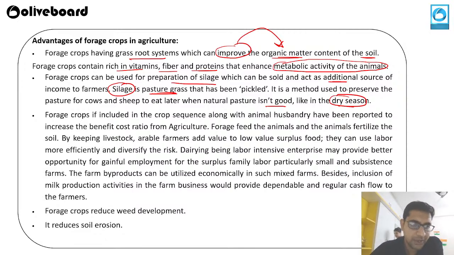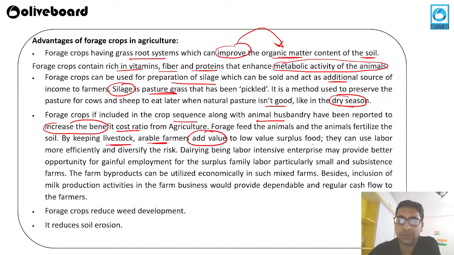Now, if forage crop is included in the crop sequence along with animal husbandry, it gives a huge increase in the benefit cost ratio from agriculture. So forage feeds the animals and the animals fertilize the soil. Keeping livestock adds value for arable farmers. It will add value to low-value surplus food.